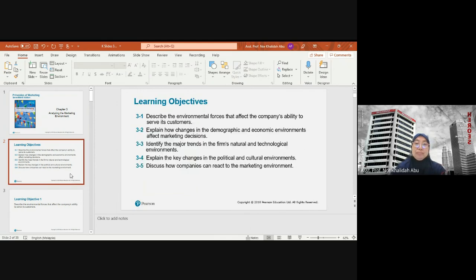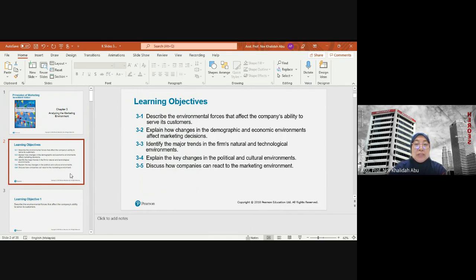So you'll be looking into the environmental forces that will actually have an impact on your company's ability to serve the customers. And you also will be able to look into the changes in some of the economic factors, the economic environment, and demographic factors that will have influence on your marketing decisions.